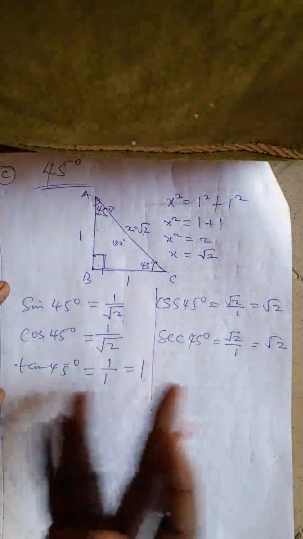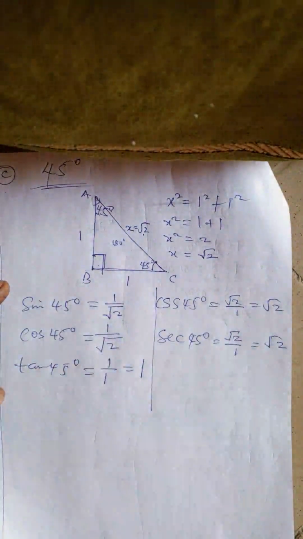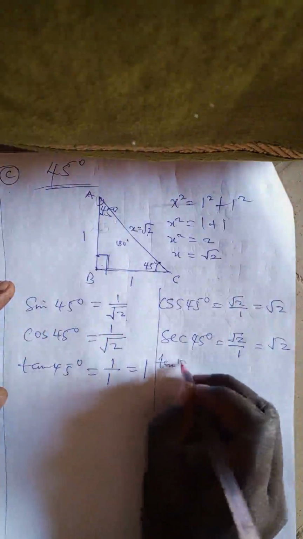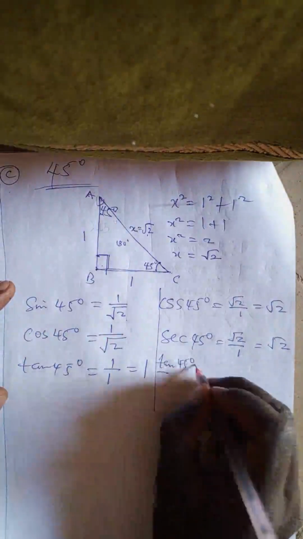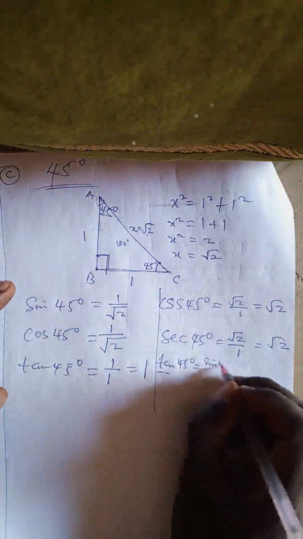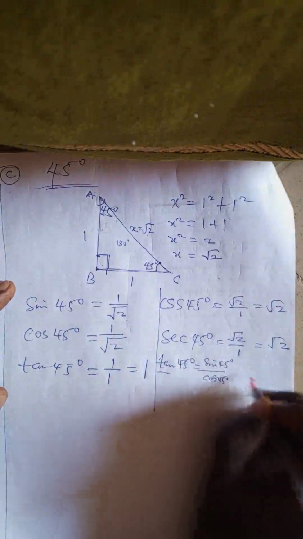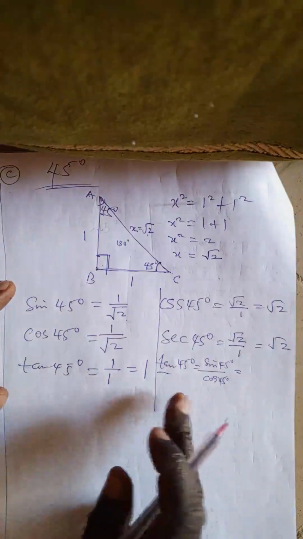But just for interest, let's try this. So tan 45 degrees is equal to sine 45 degrees over cos 45 degrees.